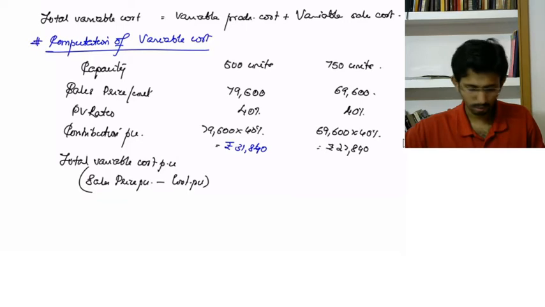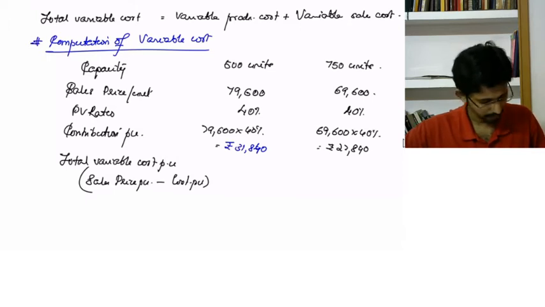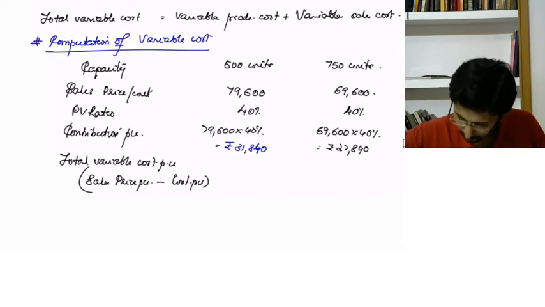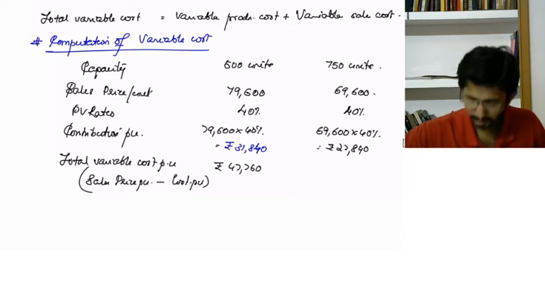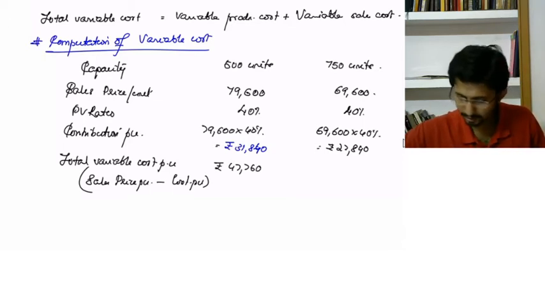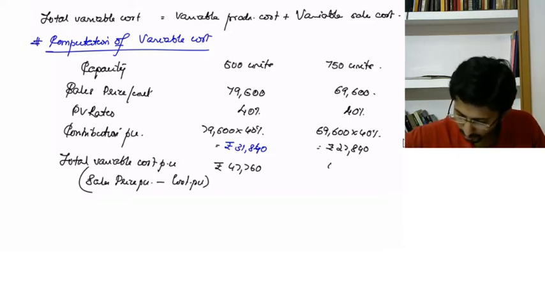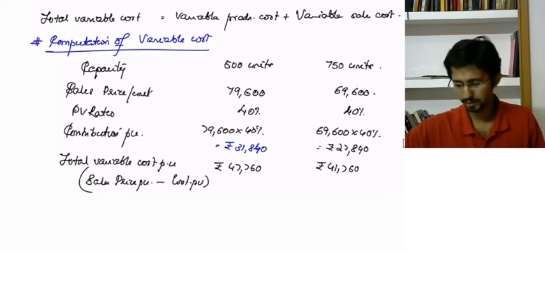That is 79,600 minus 31,840, which gives you 47,760 here, and here it will be 69,600 minus 27,840, which gives 41,760.